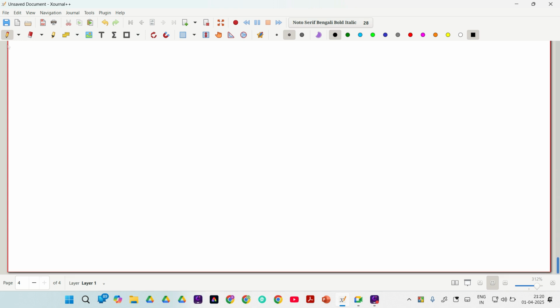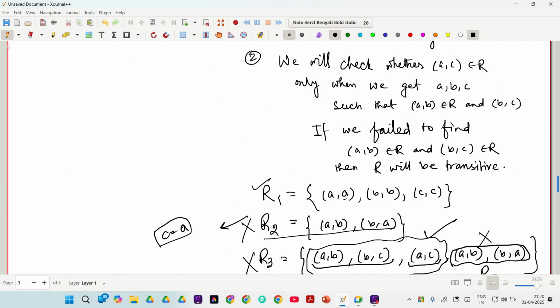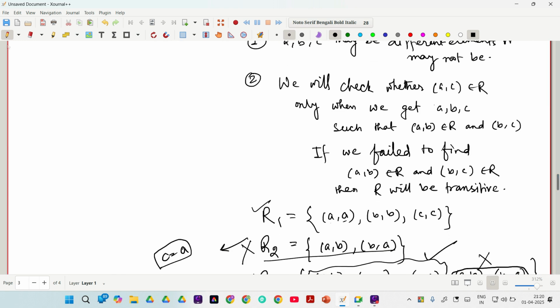Do you agree, Pratiti? Aditi, what is your opinion? Can you show the second point? Yeah, sure. Prantika, think about why you have said that this is a transitive relation. After some time, I will ask you.